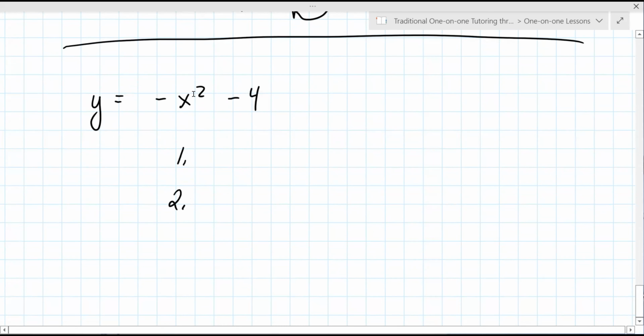Sorry, it doesn't shift either way. Oh, down. Right, but the order matters. It reflects over the x-axis. That comes from this negative. The minus 4 is down 4.